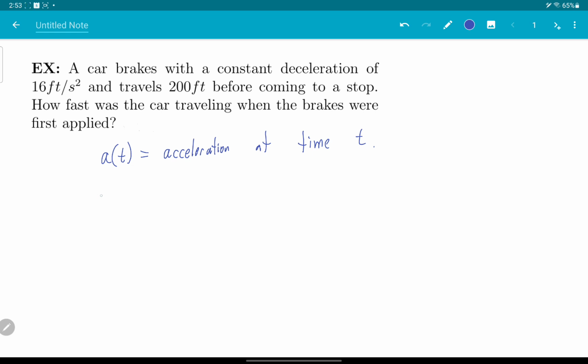And then we'll have velocity. Velocity will be v of t. And it's fairly standard to have s of t as your displacement.